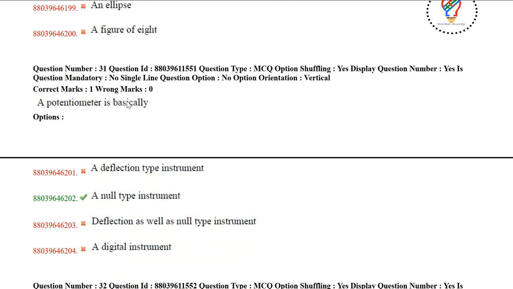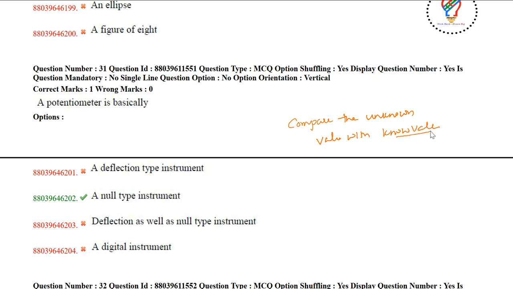Next question: a potentiometer compares the unknown value with known values.